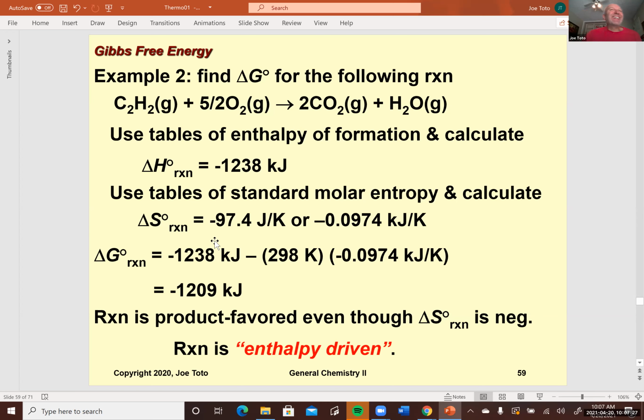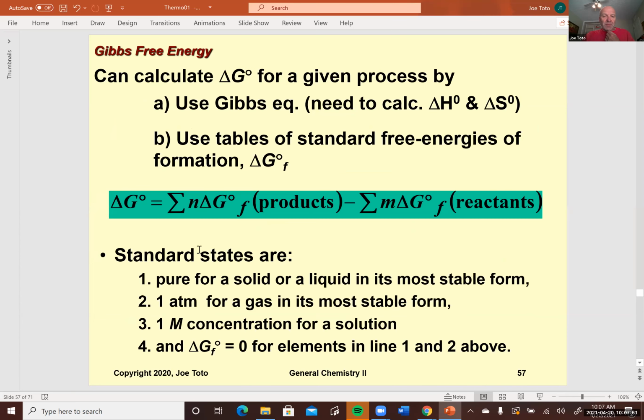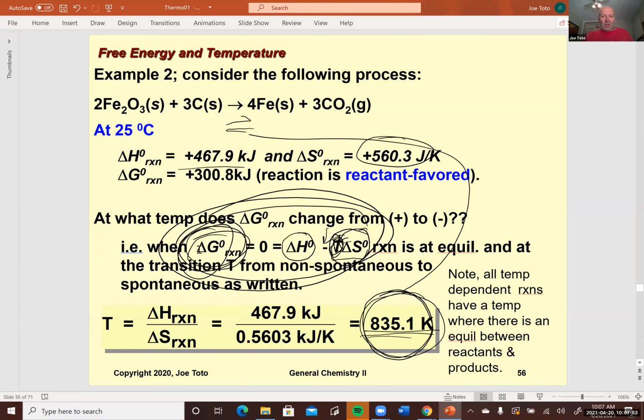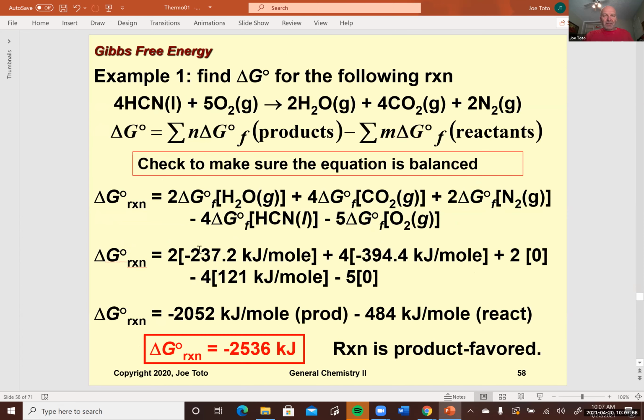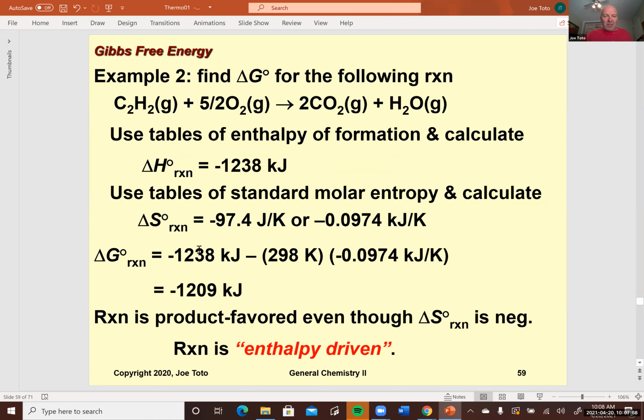Sometimes people will refer to a process being spontaneous because they've narrowed down which one of those parts in the Gibbs-Helmholtz equation wins out the day and changes the sign of delta G to negative. So if you look at the Gibbs-Helmholtz equation, which is not here readily, let me just write it up here.